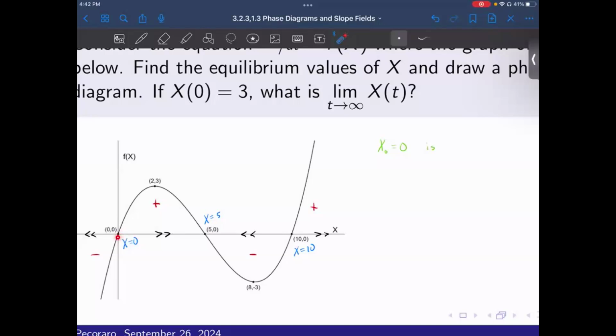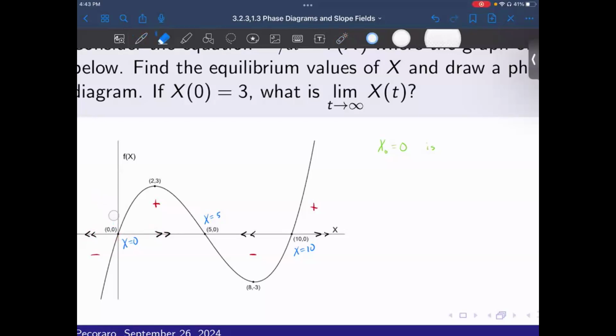We have arrows pointing to the left over here and to the right over here, which means what about this equilibrium point? Is it unstable? It is unstable. Good. Yes. So we have arrows pointing away on both sides from x0. So this is unstable.